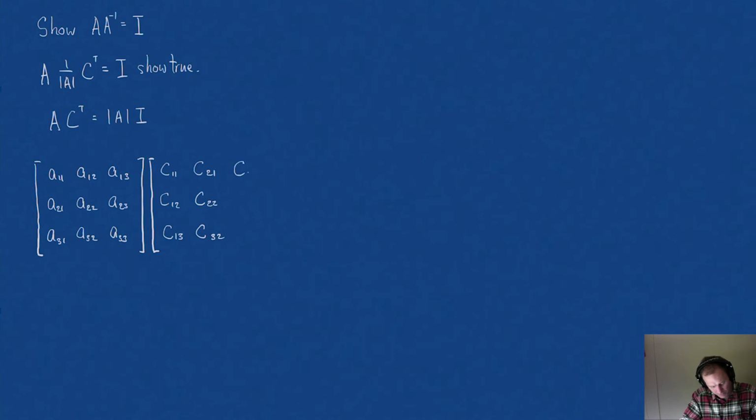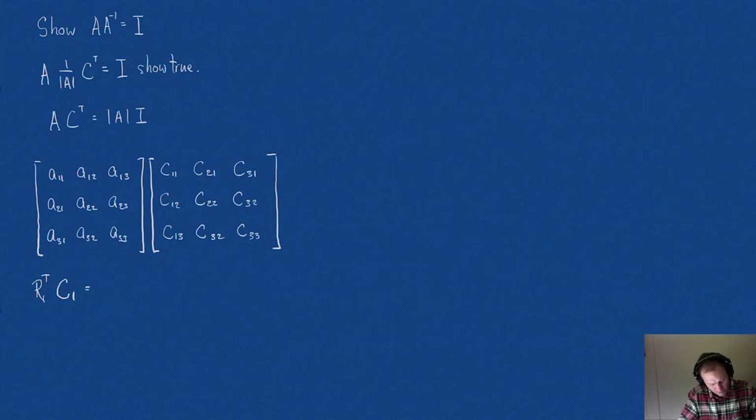Finally, C31, C32, C33. Wow, this is really a lot to undertake, but we're going to do this. So let's start with the obvious. Let's just start with row 1 times column 1. We'll just call it capital C1 for the first column of the matrix C.